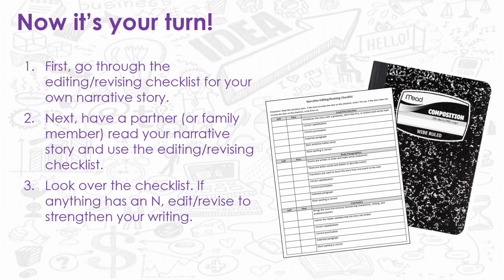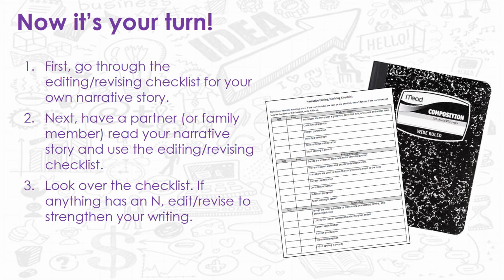So just to recap, here's what you're going to do today. First, go through the editing and revising checklist for your own narrative story. Remember, you mark a Y for yes and an N for no for each item. Next, if you can, have a partner or family member or other adult read your narrative story and use the editing and revising checklist under the peer column, okay?